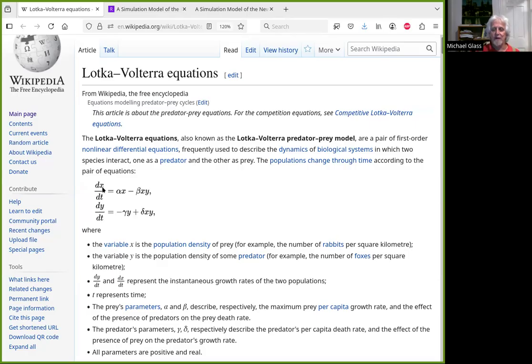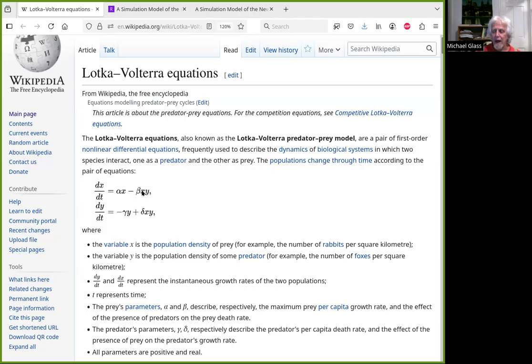What affects the density of rabbits? Well, one is that rabbits will breed like rabbits. The more rabbits per square mile you have, the faster the population will probably grow. So the time derivative, d rabbit density dt, will be positively associated with the rabbit density.